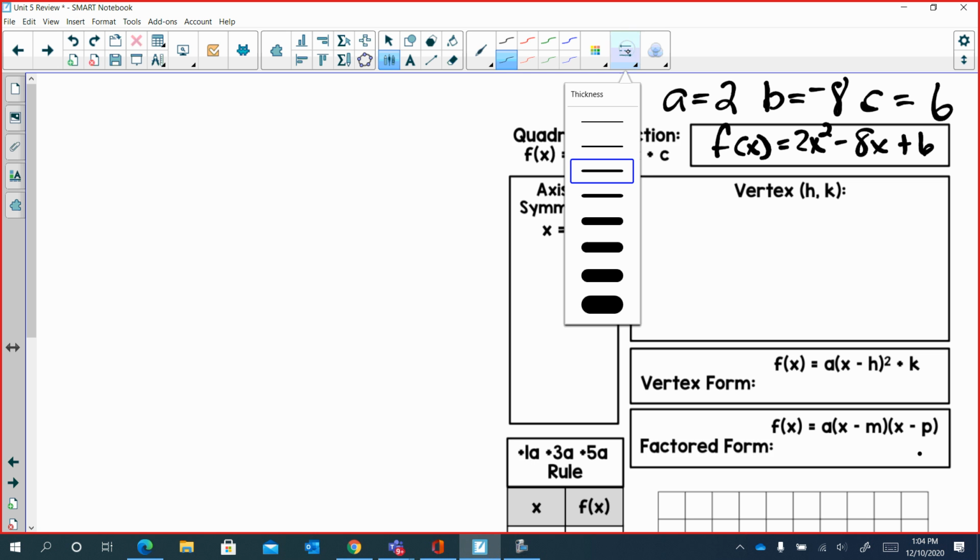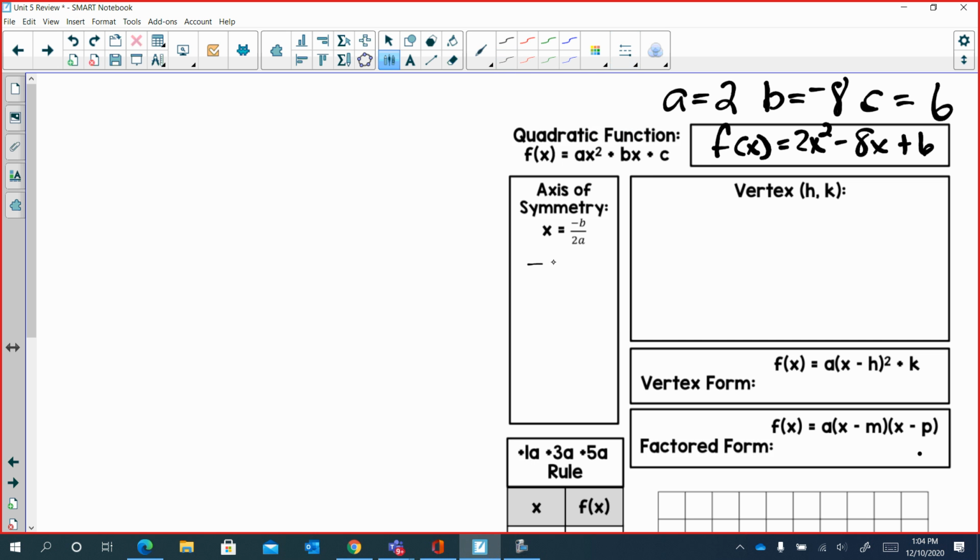We're going to plug in the parts. So remember that B already has a negative, so when I plug it in, that's why I like to use parentheses, because it helps me with my signs. So this should be inside the parentheses a -8, all over 2, parentheses for my A. I'm plugging in the 2 for the A. So on the top right here, negative times a negative, that becomes a +8 over 4, right?